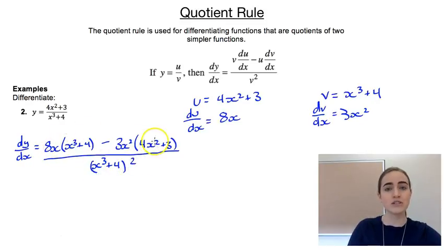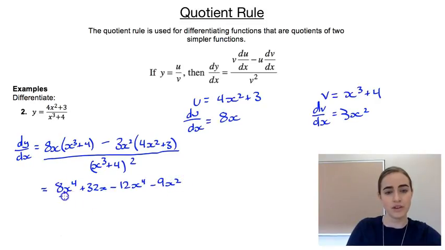So now to make this a little bit nicer, I'm going to expand out. So we're going to end up with 8x to the power of 4 plus 32x minus 12x to the power of 4 minus 9x squared all over that same denominator of x cubed plus 4 squared.